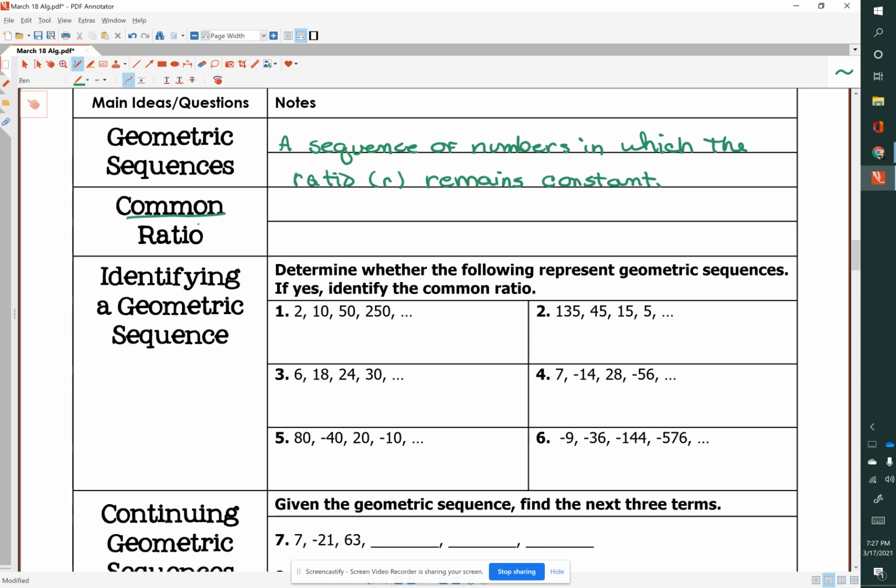The common ratio is found by dividing each term by its previous term. Actually, there should be no apostrophe there.